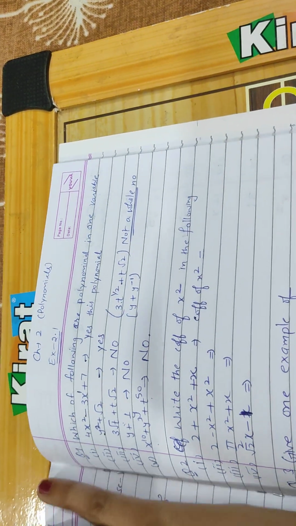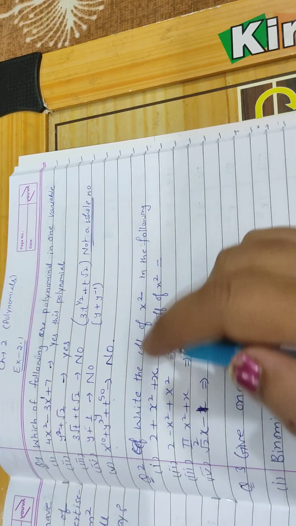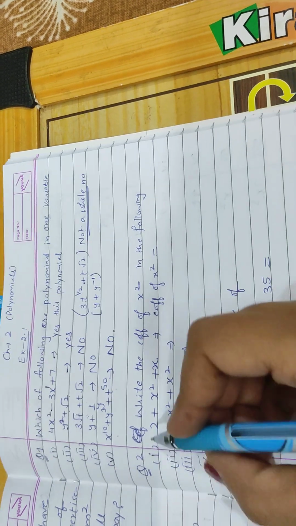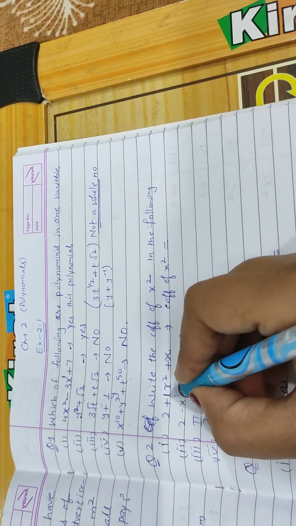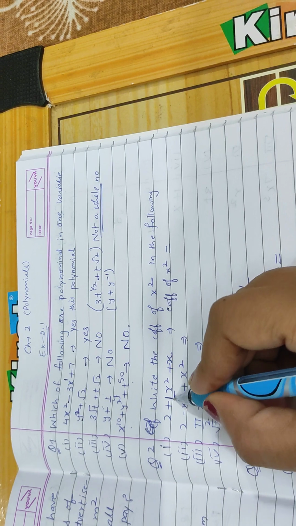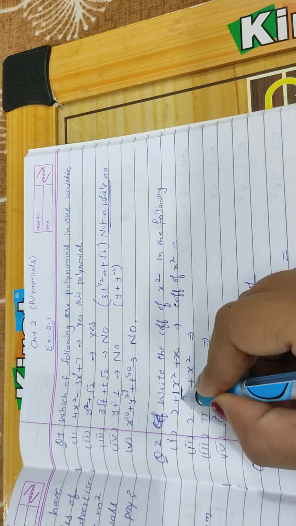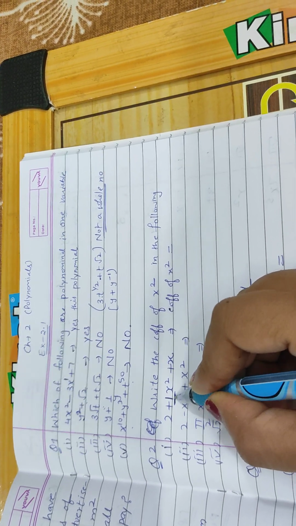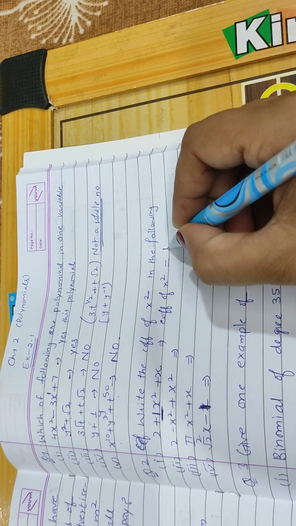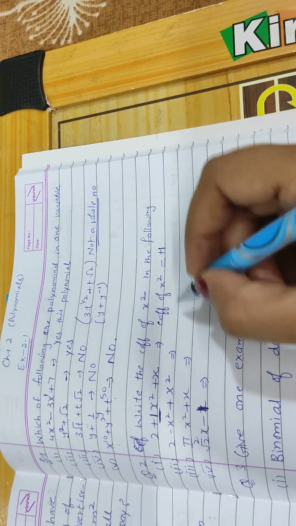Next, the second part: we have to write the coefficient of x square. The coefficient of x square means what is written in front of x square. In front of x square, it is written plus 1.